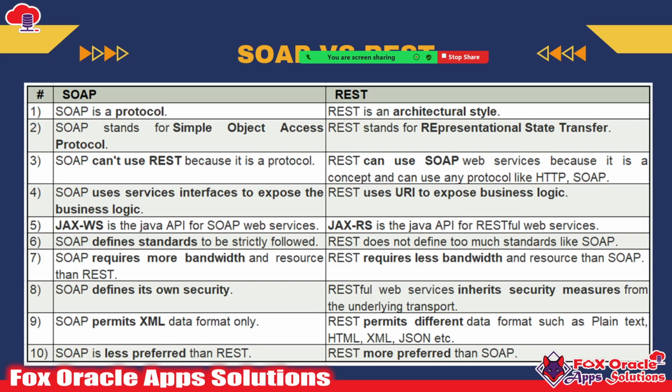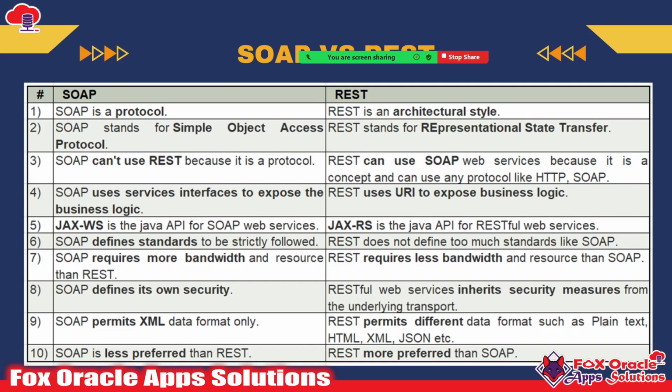But whenever we as OIC developers are going to use them, we cannot specifically choose whether to use a SOAP API or a REST API. Why can we not choose? Because with the help of the API, we are going to create a transaction, and for each and every transaction, Oracle provided a specific web service.